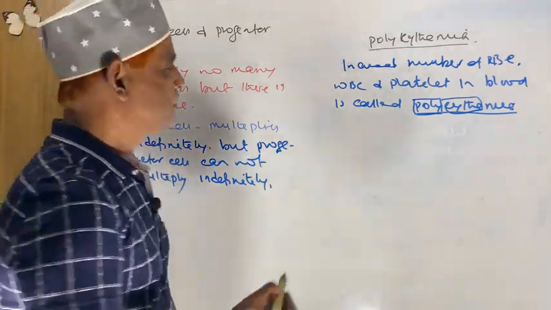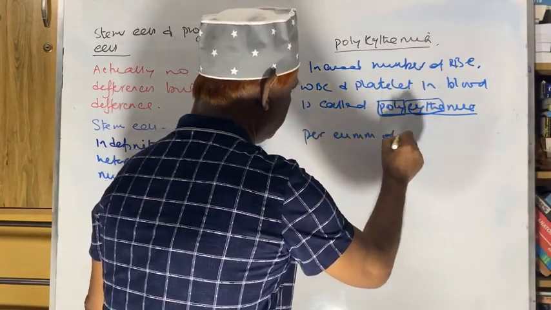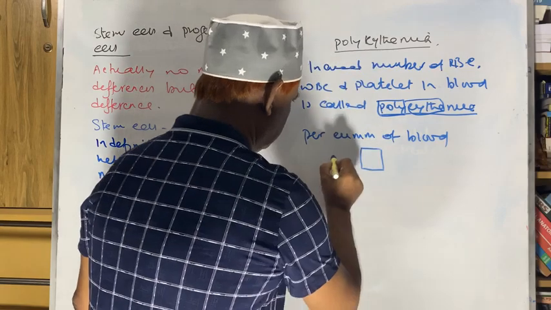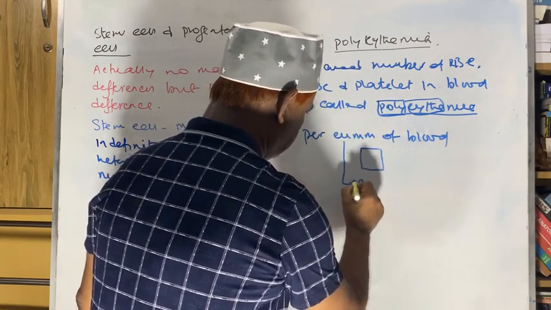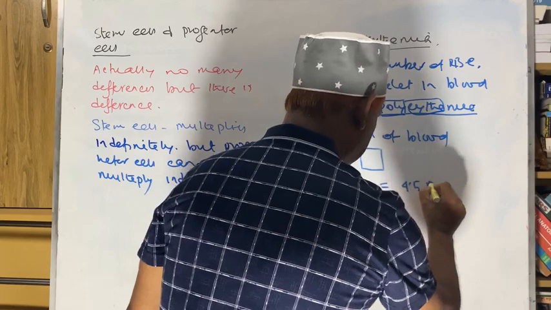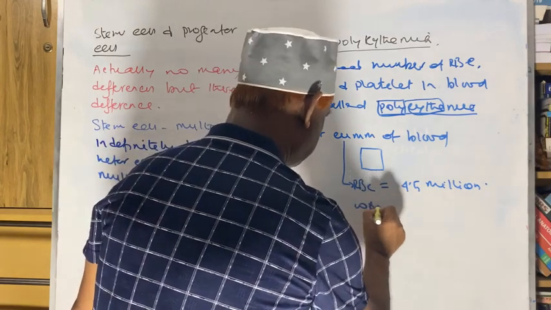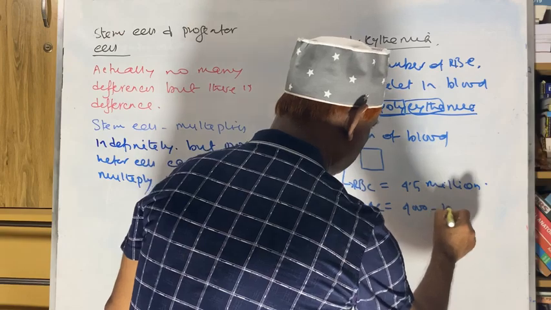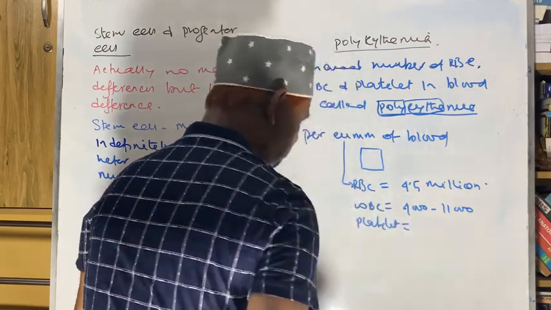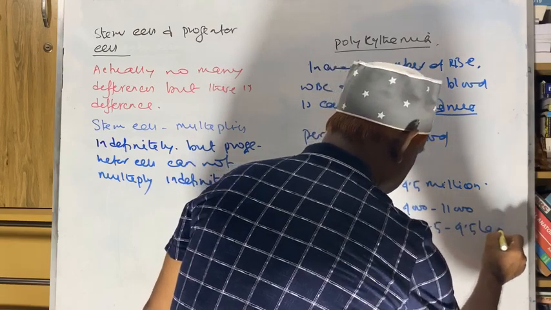Respected audience, we know per cubic millimeter of blood, RBC average 4.5 millions or 5 millions, WBC 4,000 to 11,000, and platelet average 3.5 to 4.5 lakh.